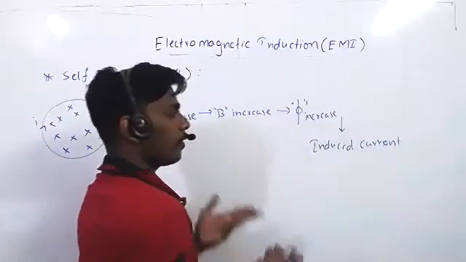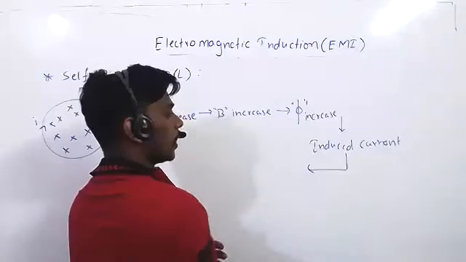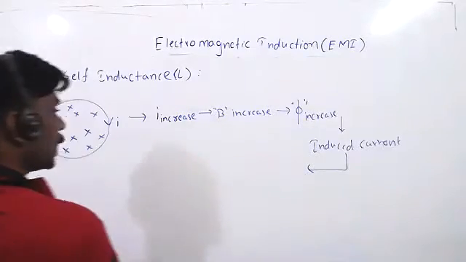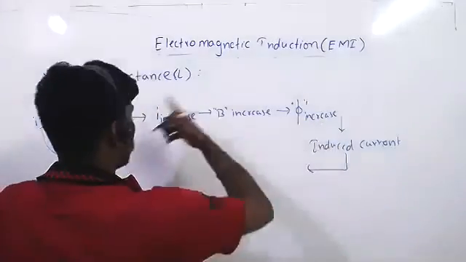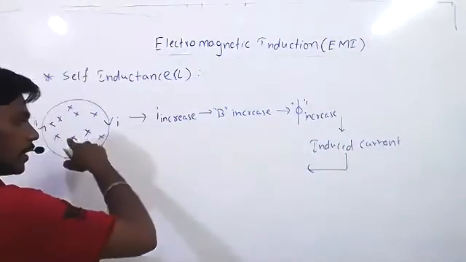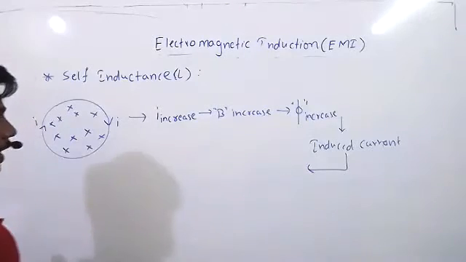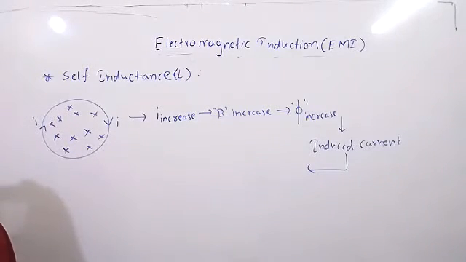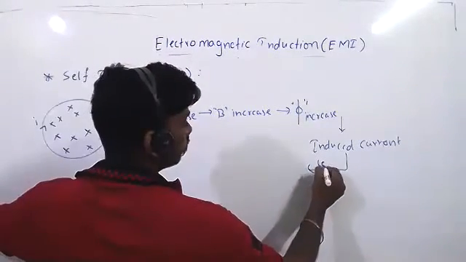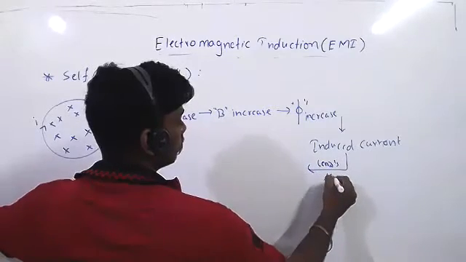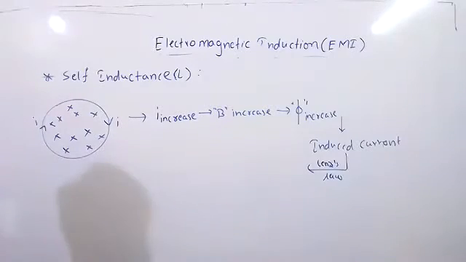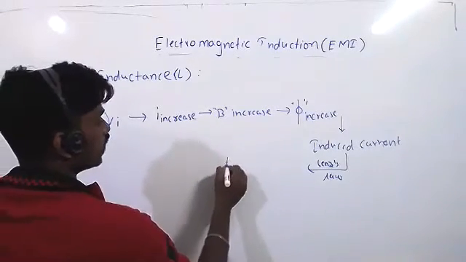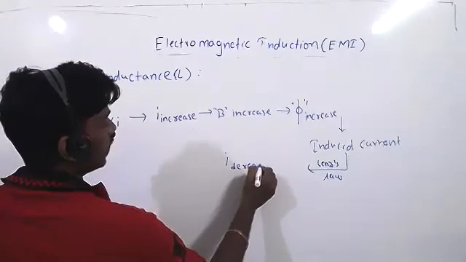Induced current develops. Once the induced current develops, what will happen to its direction? It will decrease, right? So when induced EMF develops, the coil is a circular closed loop, so induced current also will develop according to Lenz's law. According to Lenz's law, B should decrease. So the current direction is such that it decreases.